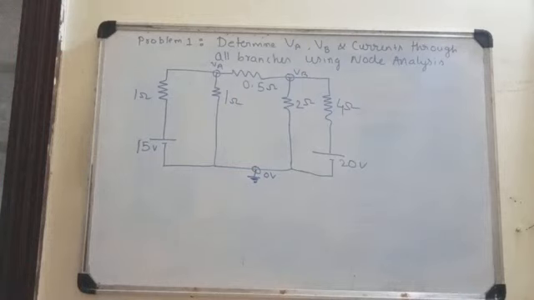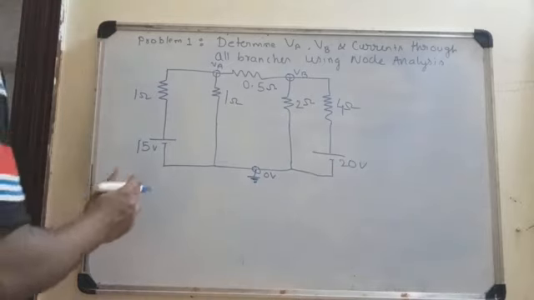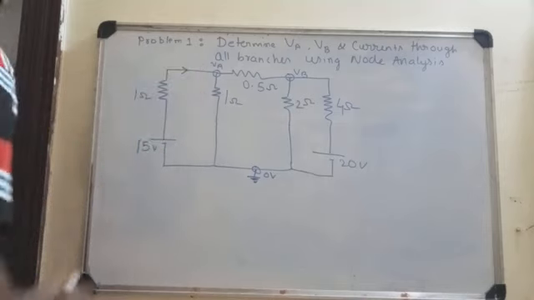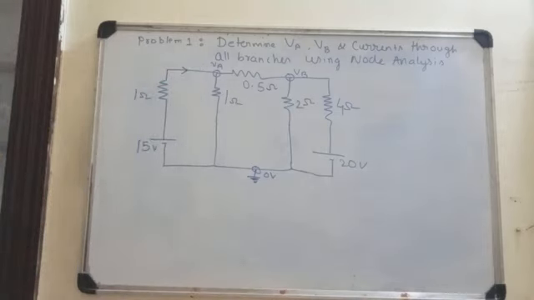To solve this problem, first identify the currents in each branch. Let's take this incoming current here and call it I1.